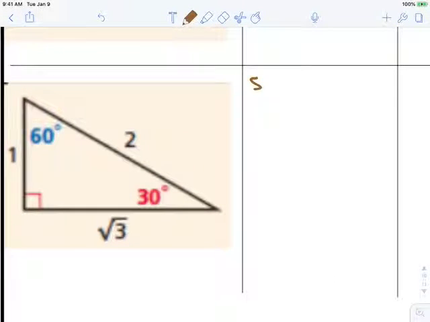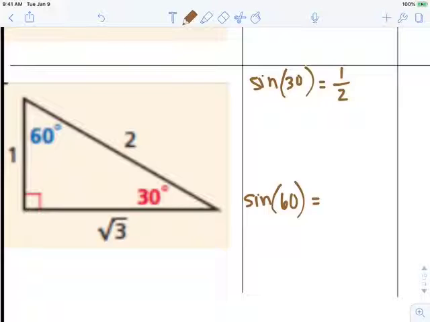Let's do sine of 30 and sine of 60. You give me the numbers. For 30, it's what over what? Yeah, opposite over hypotenuse, right? Opposite over hypotenuse, so it's 1/2.